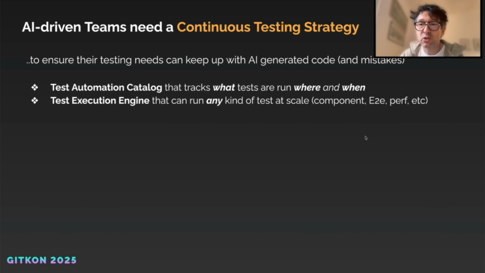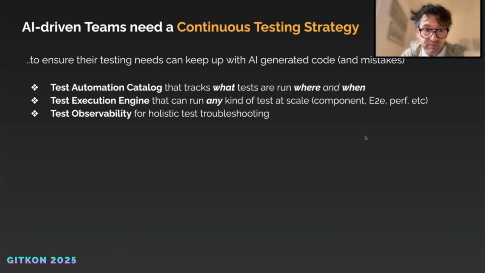So you have to have an execution engine that will run the test the same way, using the same technology stack, for that reliability. And of course, also for scale. As I said, you want to run a lot of tests, and your execution engine needs to be able to handle that with any kind of test.